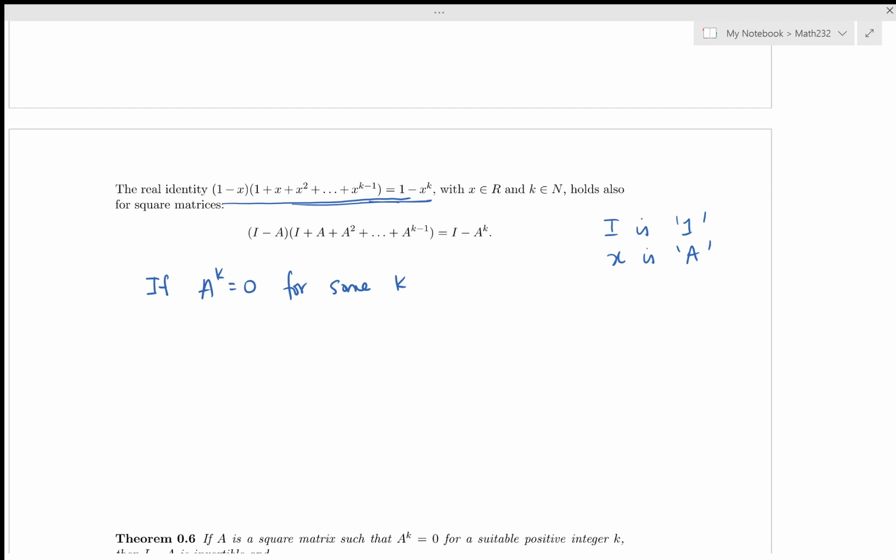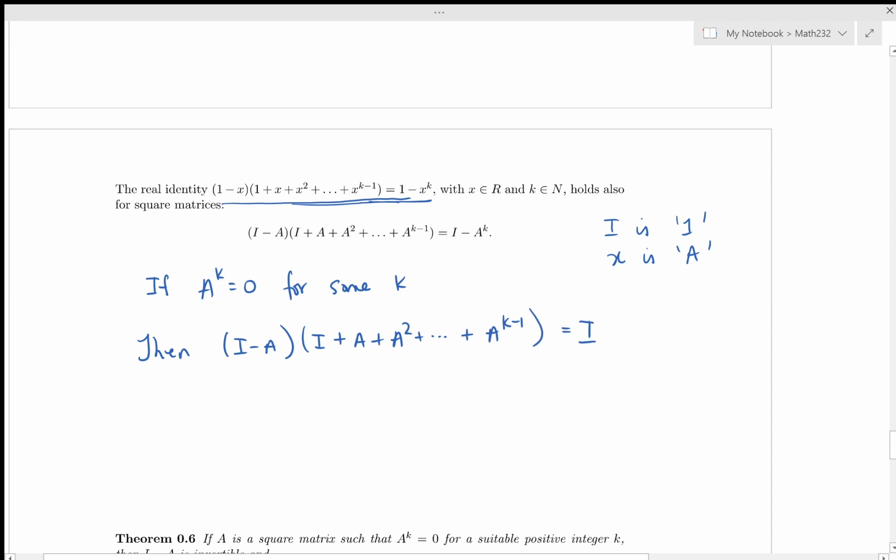But we imagine doing this until we get to A to some power k, and we find all of the entries in the matrix are 0. If that happens, then we have the situation like this: I minus A times (I plus A plus A squared plus ... plus A to the k minus 1) is equal to I.